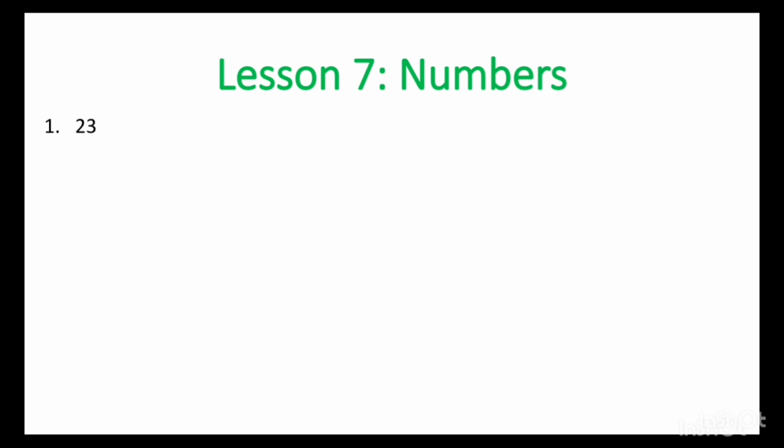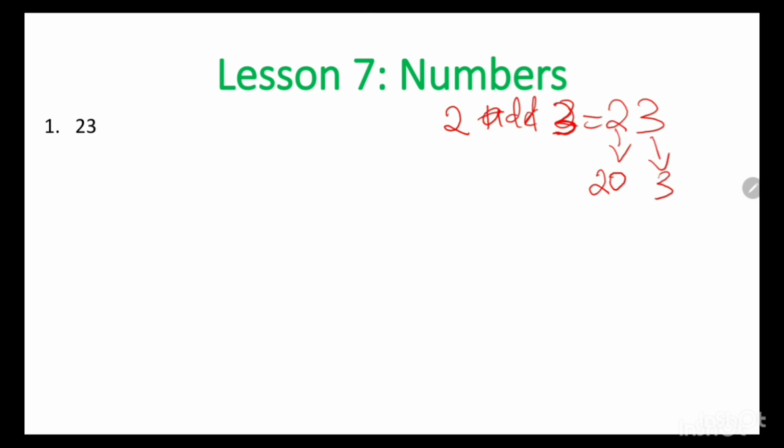Okay, remember, we learned in lesson 7, if you take 2 and you add 3 to 2, what do you have? You have 2 and 3. Remember, this 2 stands for 20 and this is 3, okay?